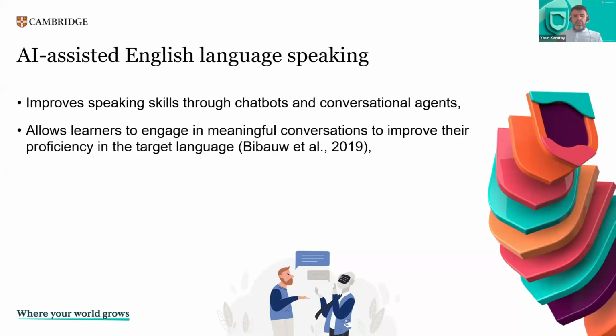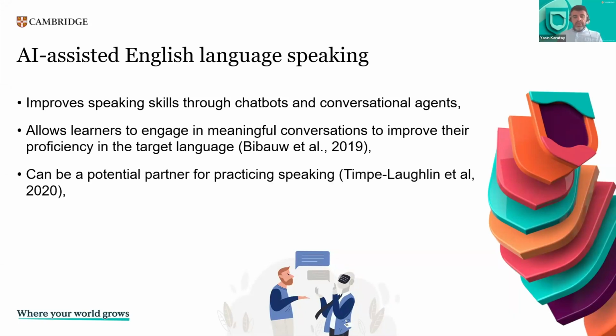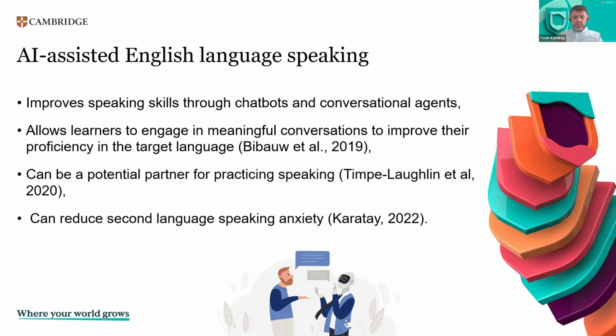They allow learners to engage in meaningful conversations to improve their proficiency in the target language, which is English in this case. They can be a potential partner for practicing speaking. This is very important because we need this, especially when there are few resources for our students to practice English. And finally, they can reduce second language speaking anxiety, which I will come to in the second part.